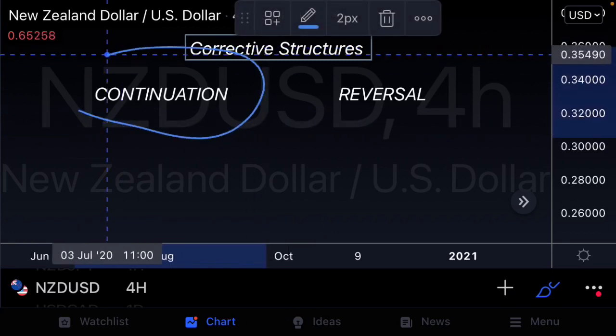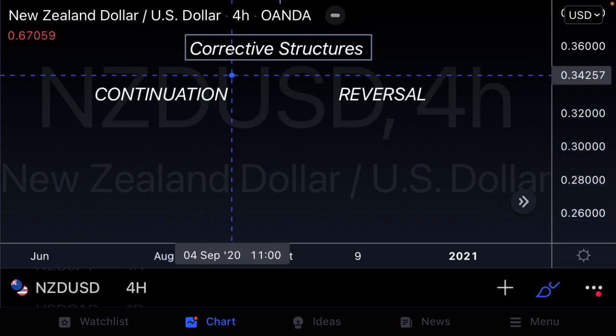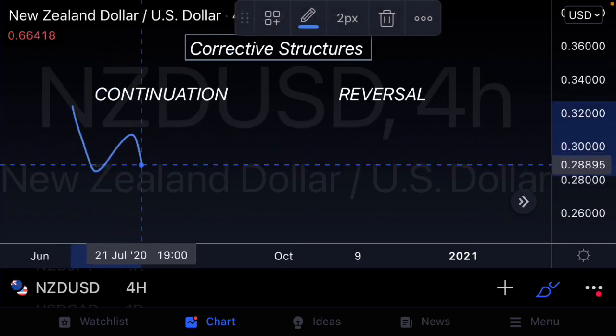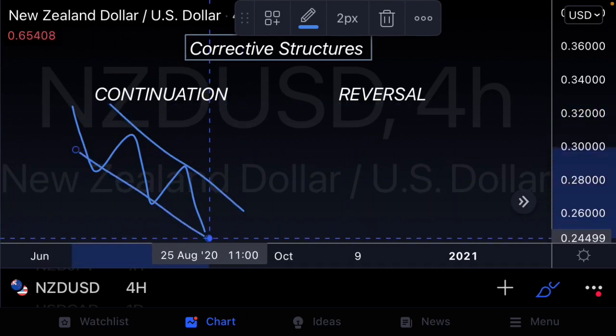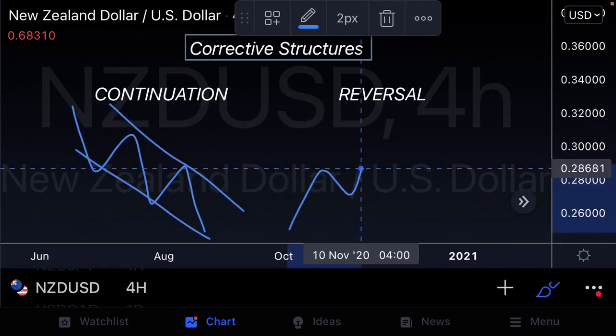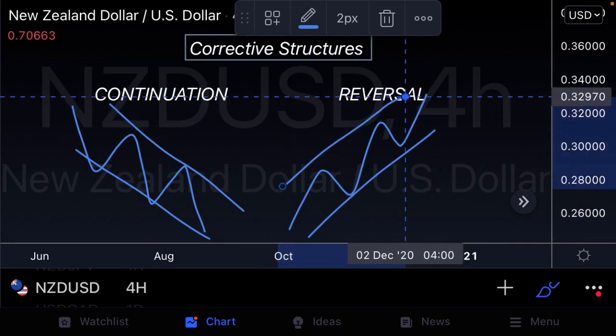Continuation structures are obviously continuations of momentum, and the types of continuation structures that I love to look at are either descending structures, which we can isolate nicely using our trend lines, or ascending structures, which we can also isolate nicely with our trend lines.